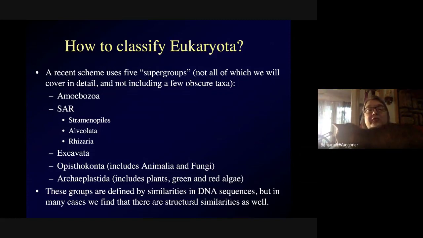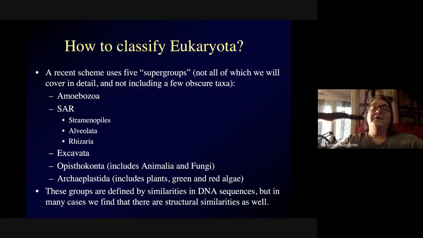Those are all in the Straminopiles. Rhizaria, the best known groups would be Radiolaria and Foraminifera because they've got such a big fossil record and they're so abundant in the oceans. And you've got prepared slides of those if you care to look more closely. But a really big one is the alveolata, and it's going to take all morning to talk about those.